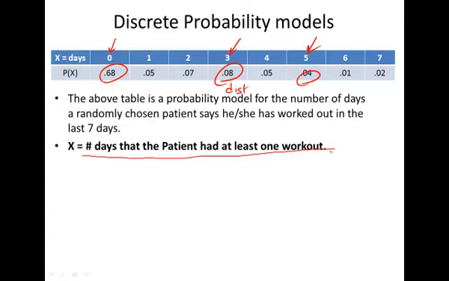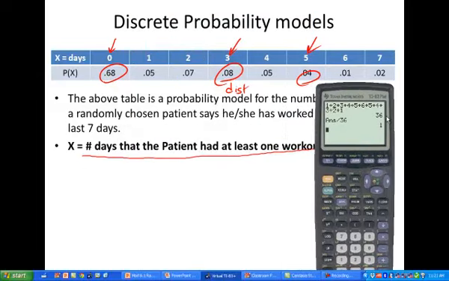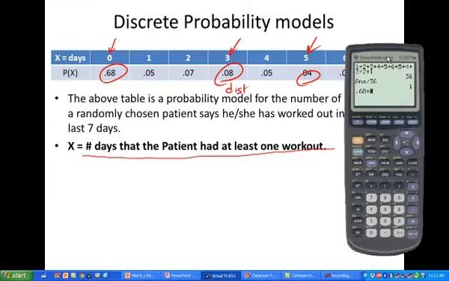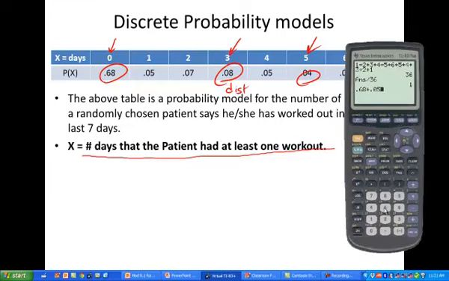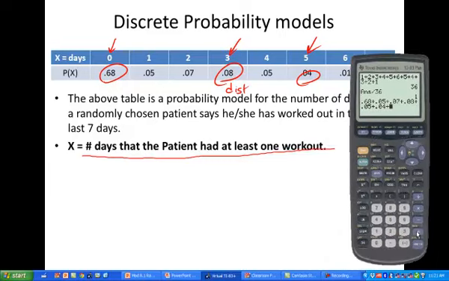So, of course, what I would do is add those decimals up. I would say 0.68 plus 0.05 plus 0.07 plus 0.08 plus 0.05 plus 0.04 plus 0.01 plus 0.02.